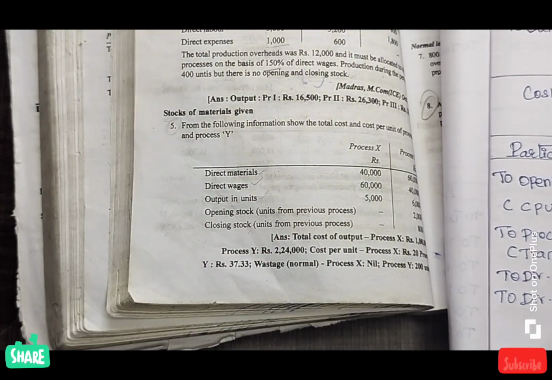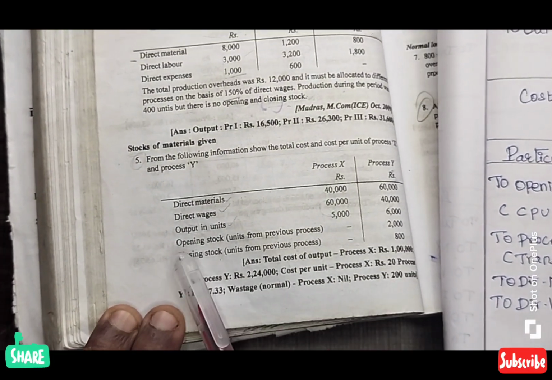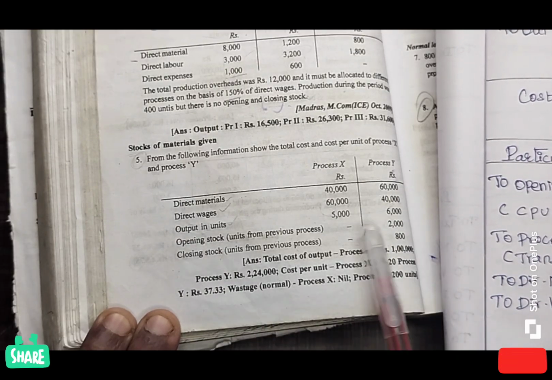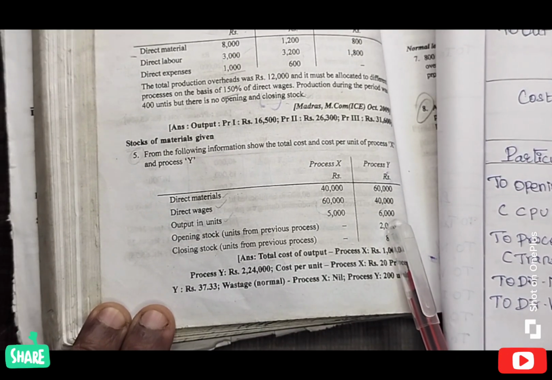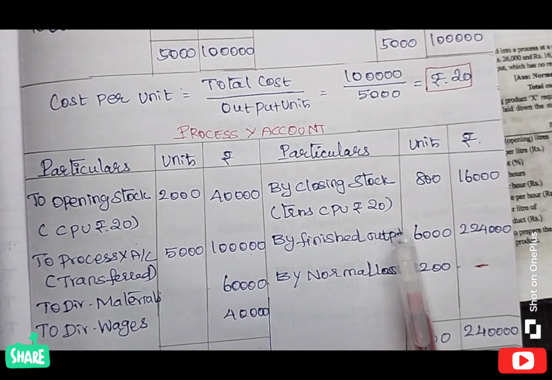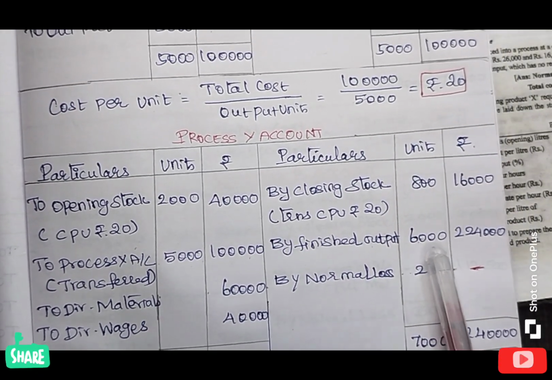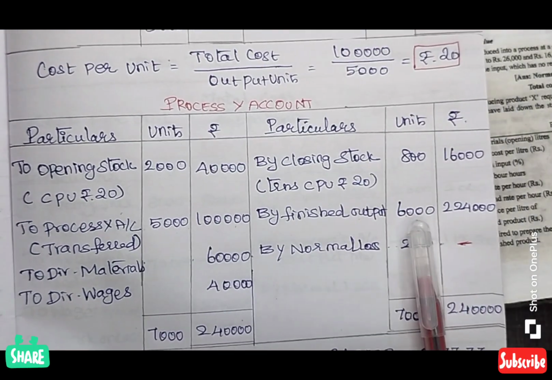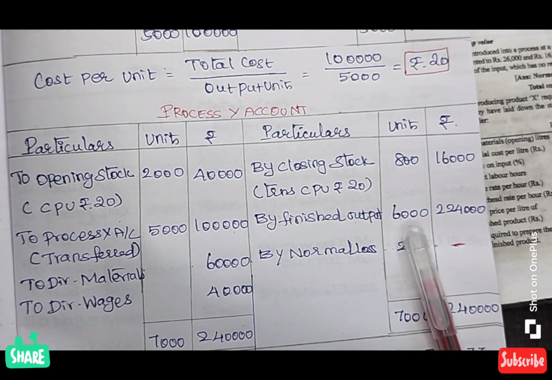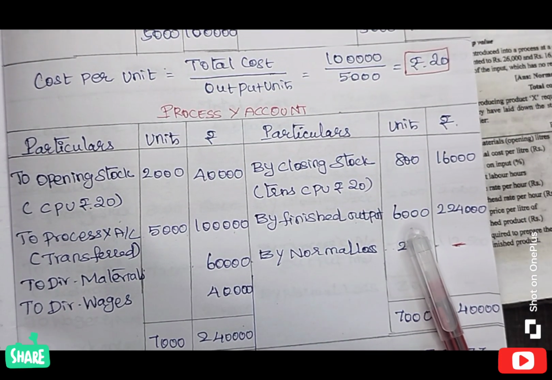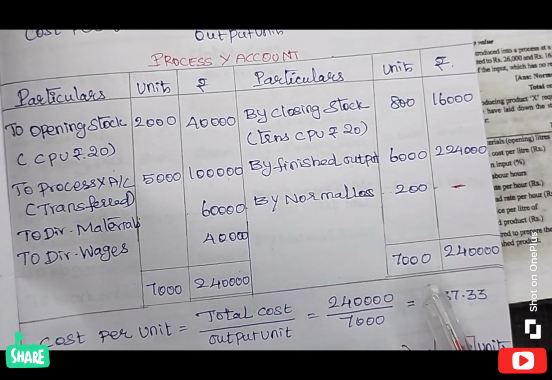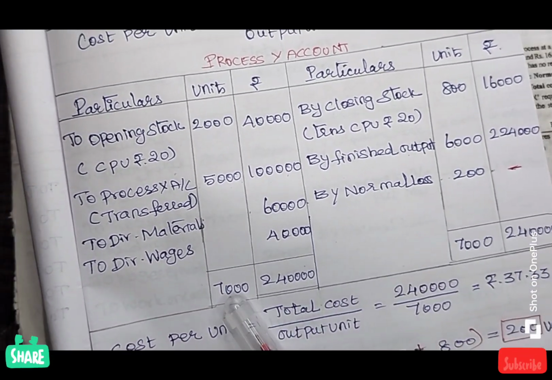So let's come to the question. They have given the output in process Y. How many units? 6,000 units. So you are going to enter the output, 6,000 units, in the unit column. Input units are entered on the debit side, output units on the credit side. After entering the output, now we are going to find the difference. How can you find the difference? Listen, what is the total input unit?